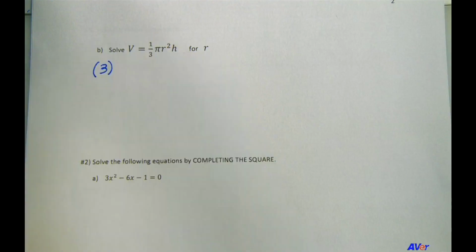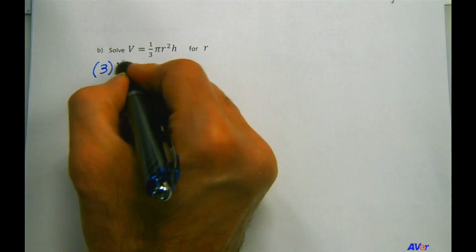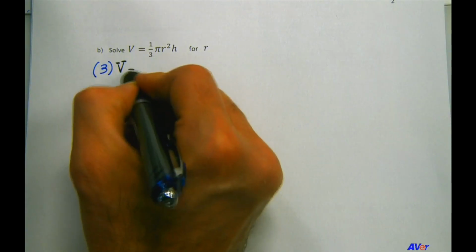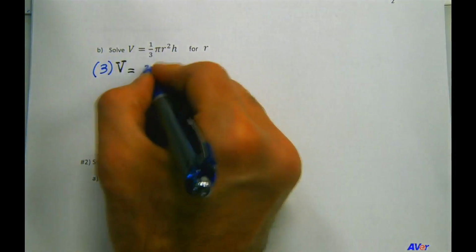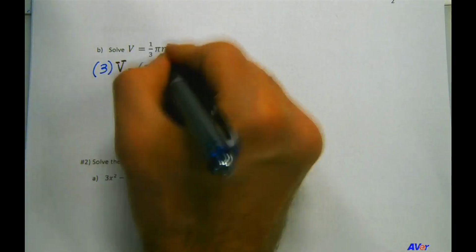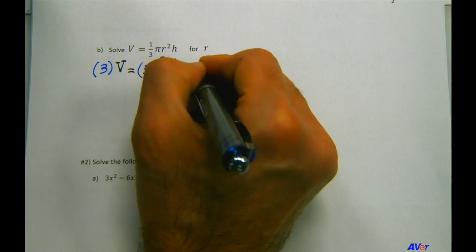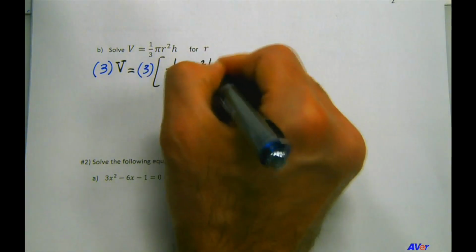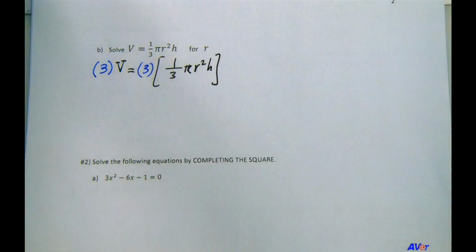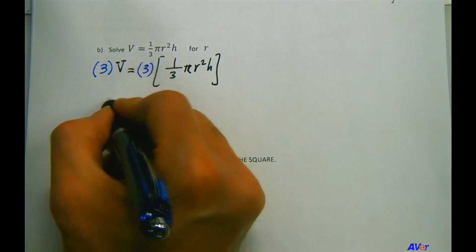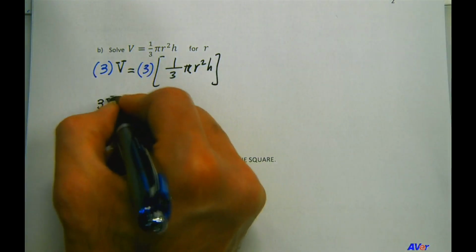So 3 times the left-hand side, which is just V, equals 3 times 1/3 pi r squared h on the right. Okay, so we know that the left-hand side is simply 3V.